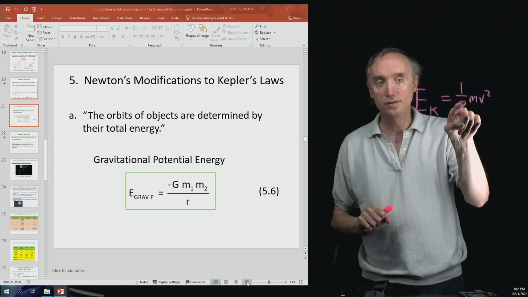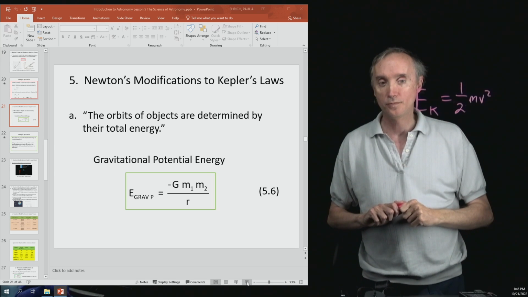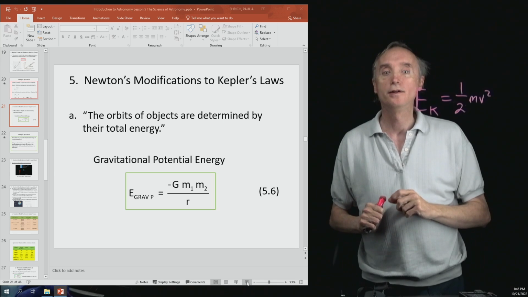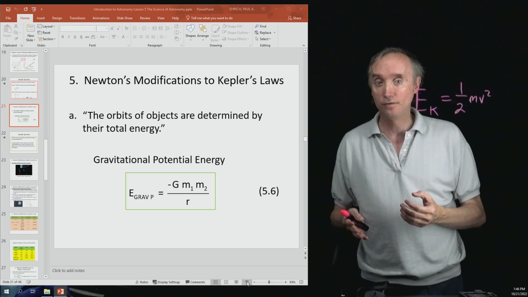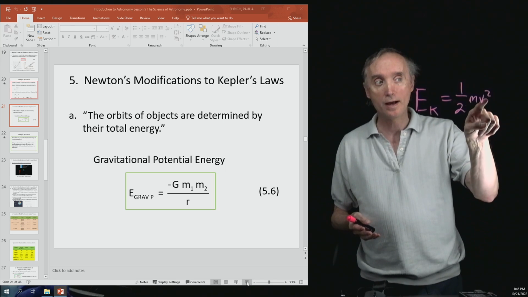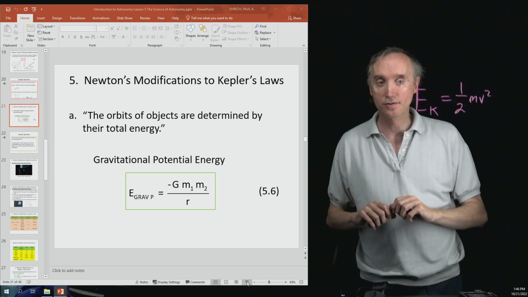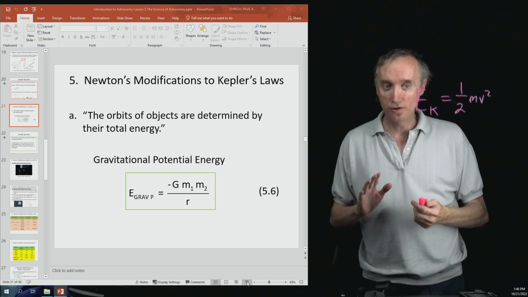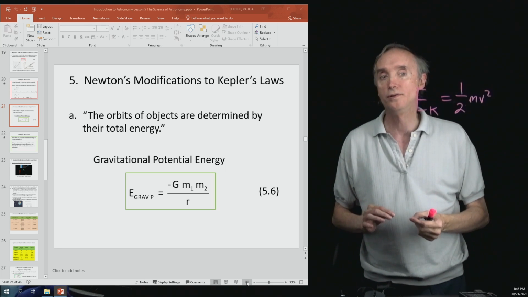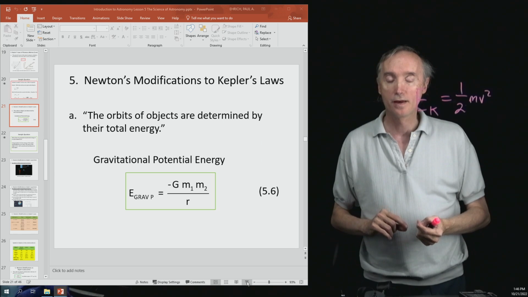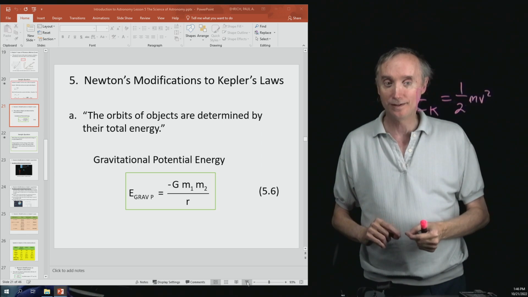Do you notice that this is always a positive number, even if you're moving backwards? If you're moving backwards, it's true you'd have a negative velocity, but what happens when you square a negative number? You end up with a positive number. So I want you to notice that kinetic energy is always, always, always a positive number, and that potential energy is always, always, always a negative number.